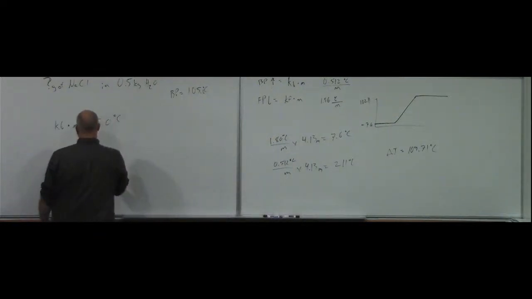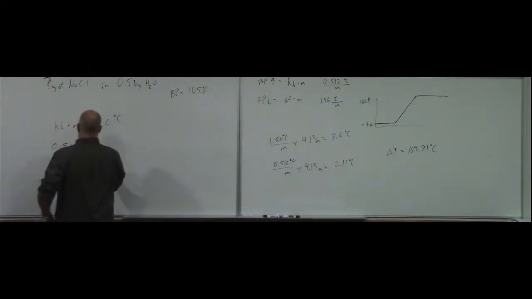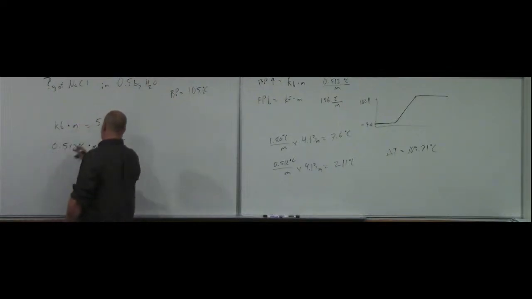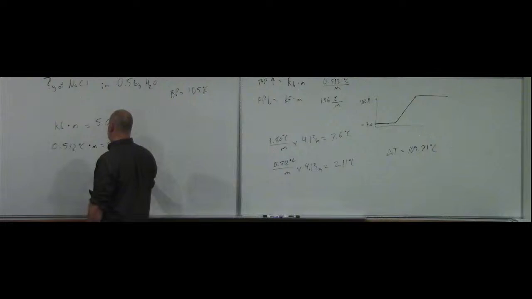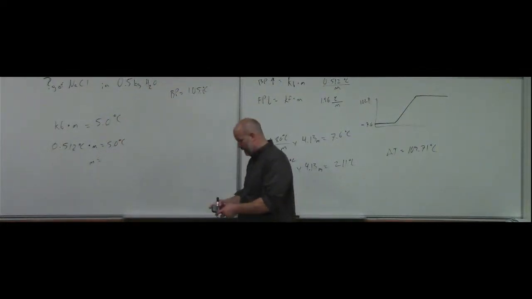0.512 degrees centigrade. So 0.512 degrees centigrade times molality equals 5.0 degrees centigrade. So I just divide both sides by 0.512, and my molality equals probably 10 or something like that.